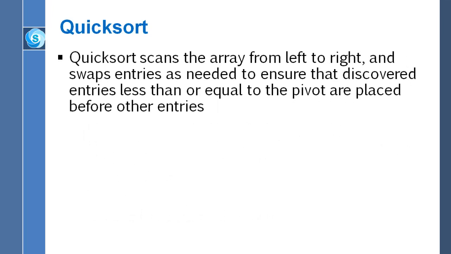And then we can implement quicksort by simply scanning from left to right, and anytime we come upon an entry that is less than or equal to the pivot, we do a swap to make sure that it occurs before entries that are greater than the pivot. We'll get into the nitty-gritty of this pretty soon with an example.